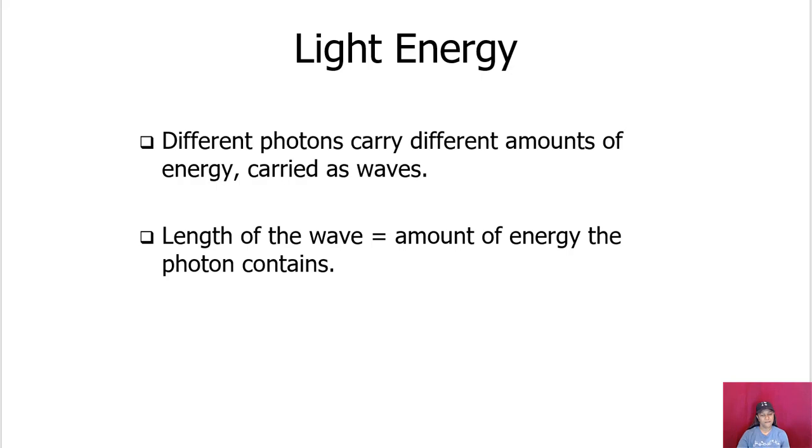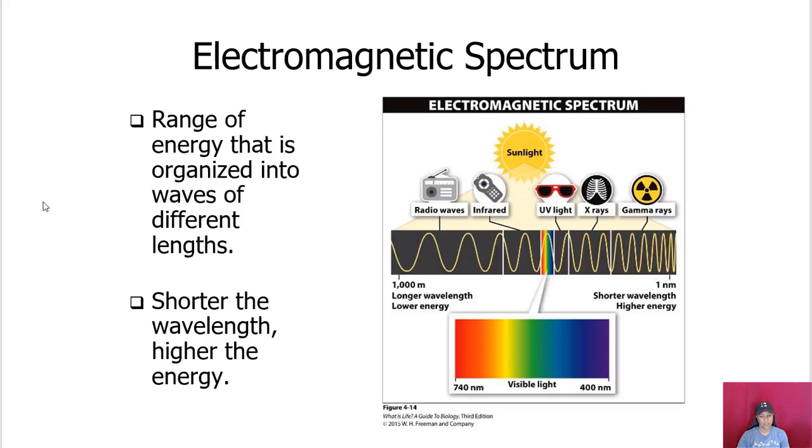And different photons carry different amounts of energy as these waves. And so the length of the wave determines the amount of energy the photon contains. So we've put it into a spectrum so we can understand it better.